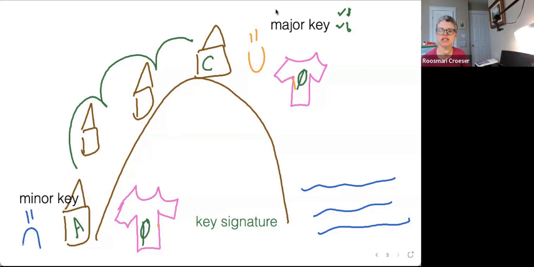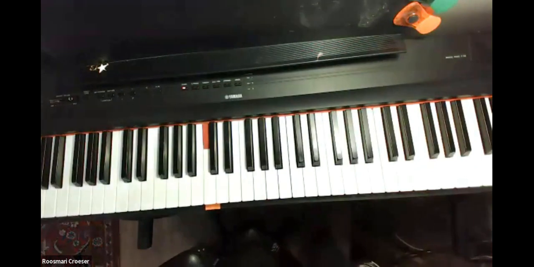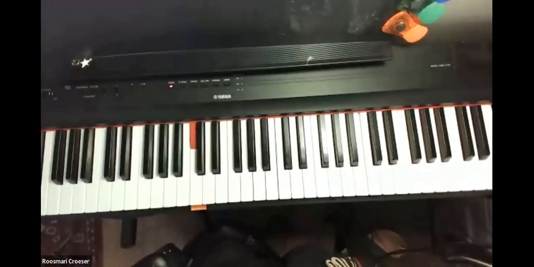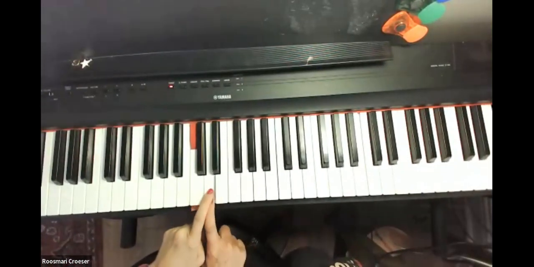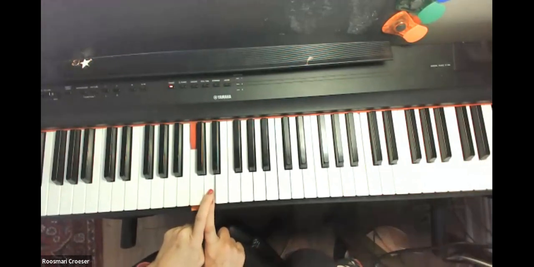Just to demonstrate this on the piano for a moment, if I can change the camera. All right, so let's say our minor key is D. We want to know what's in the key signature of D, but we don't have a way of figuring that out.